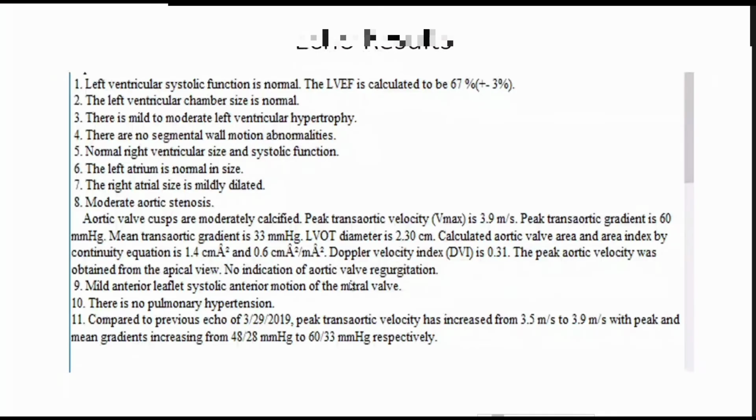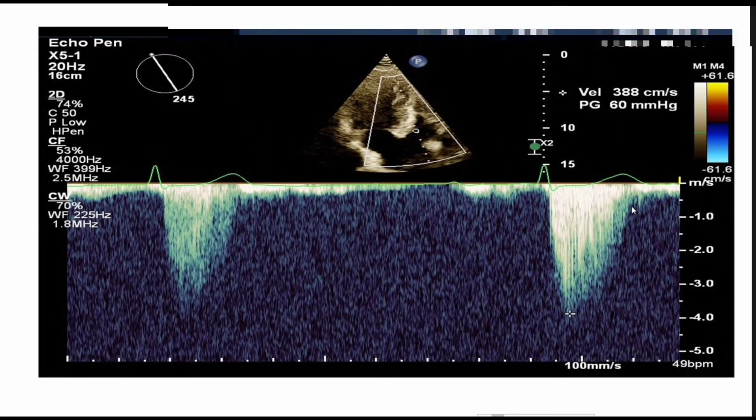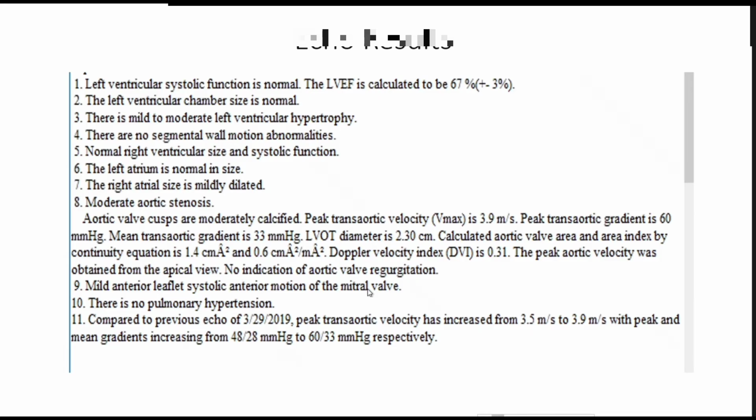Your jet should start after the QRS starts, and it's right at the edge of it. I don't know. I would have to see a better image of that. I would have liked to have seen a little more Doppler on this study, and these were the best ones I could pull out of it. But yeah, to clearly define what MR looks like and what the aortic valve looks like. Right.